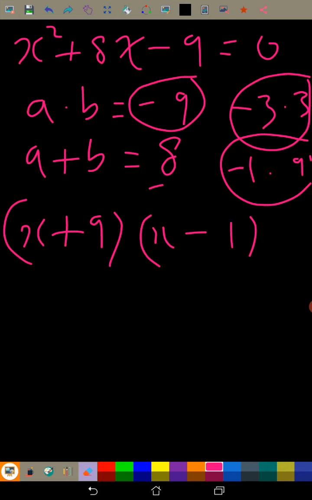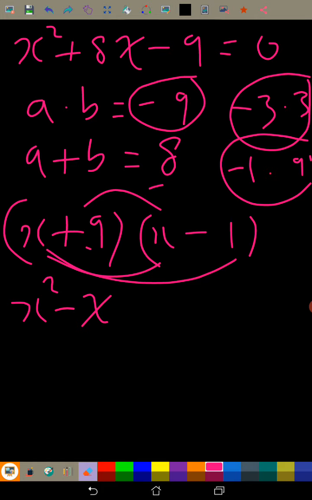Let's try to see if it's correct. So we have x times x, x squared, x times minus 1, minus x, and 9 times x, it's going to be plus 9x, and 9 times minus 1 is going to be minus 9.